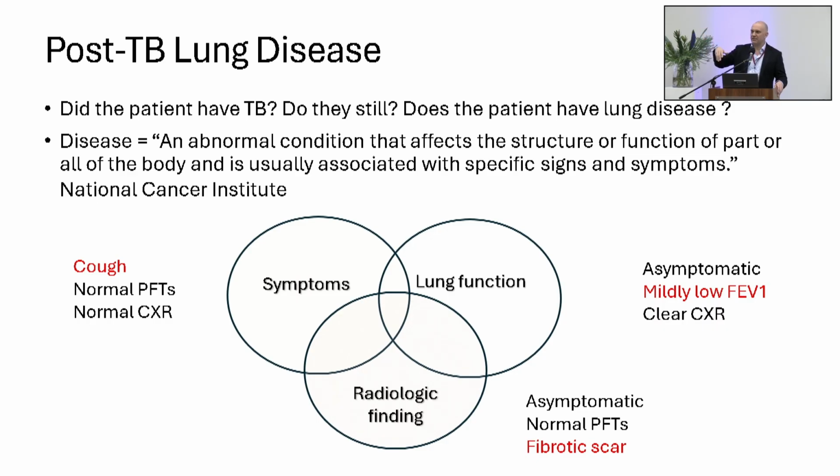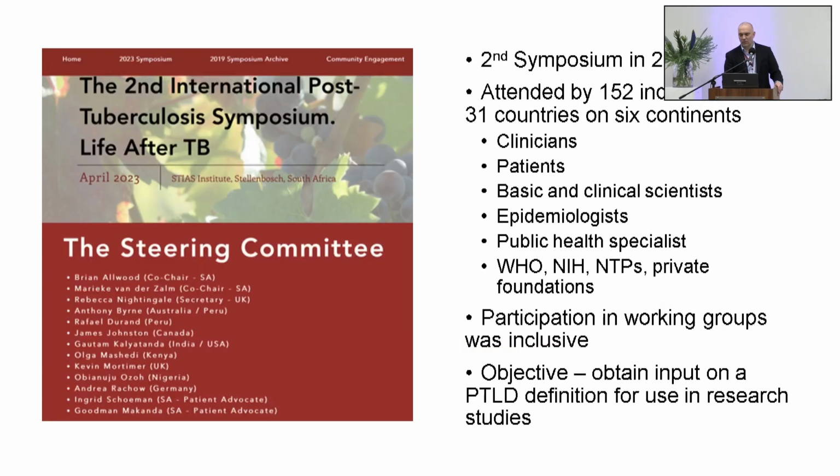They had a clear chest x-ray and they're asymptomatic. Is that disease or not? And does that correlate with long-term outcome? It's easy to say a patient with an FEV1 of 50% and destroyed lung who has a chronic cough has PTLD in some instances, but it's really trying to put these together and improve the focus on patients with disease. To some extent, that's the work of what we've been trying to do with the definition.